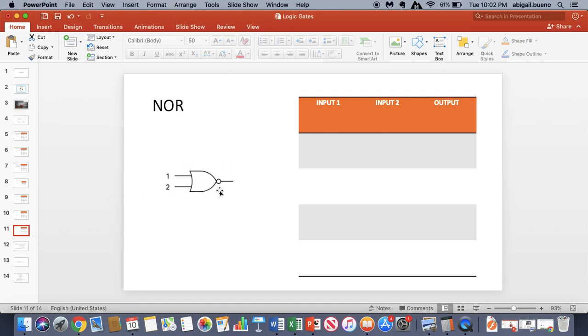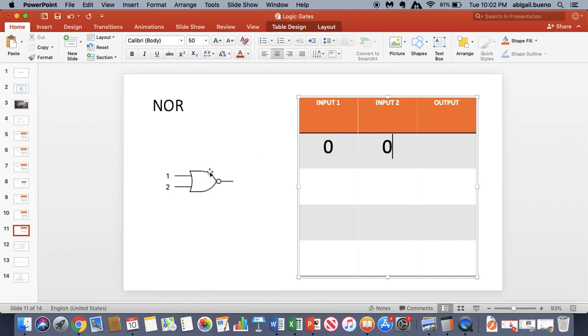Okay, this one, NOR. It's already a combination of OR and NOT, NOT OR. So the truth table for a NOR is the opposite of an OR. Let's have the truth table for 0, 0. 0, 0, if it's an OR, is 0, but it's not, it's 1. Okay, 0, 1. If it's an OR, it's 1, but it's not, so it's 0. 1, 0.